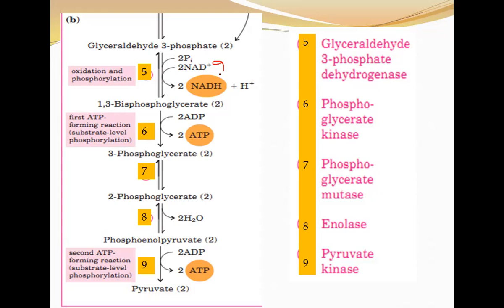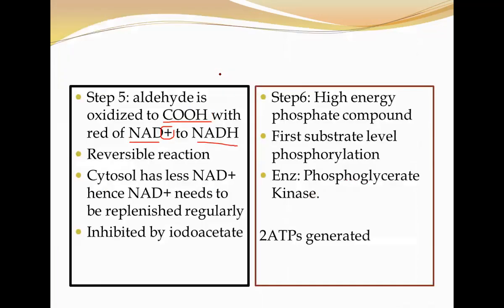Now what happens to this one? This has a phosphate group at the first position which is highly unstable, and it becomes a high energy phosphate group donating compound which is ready to give away its phosphate group. It will do so in the first substrate level phosphorylation step, catalyzed by the enzyme phosphoglycerate kinase, utilizing two ADP molecules and generating two ATP molecules.